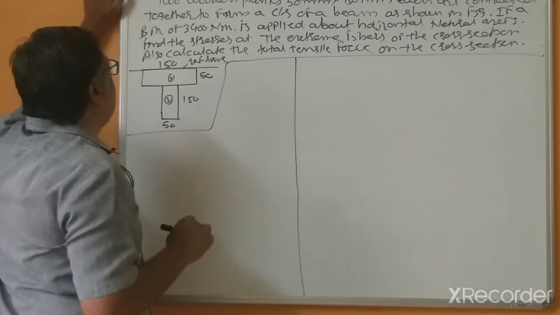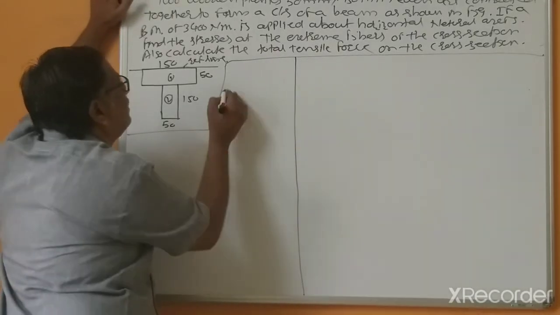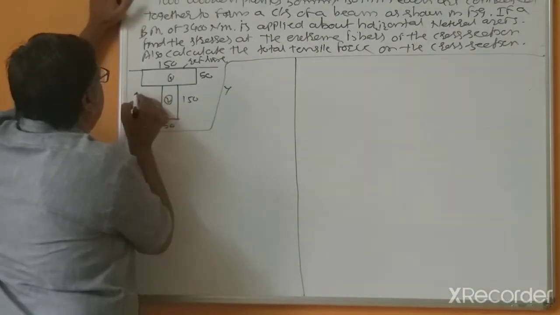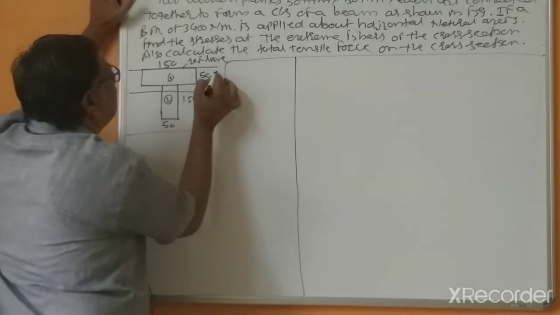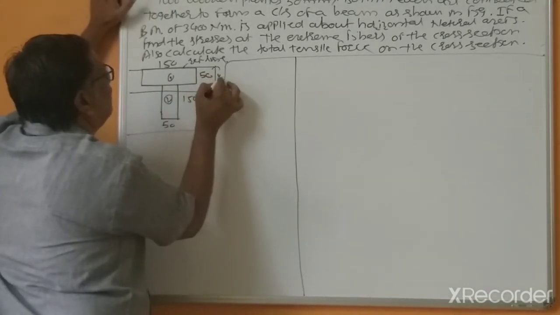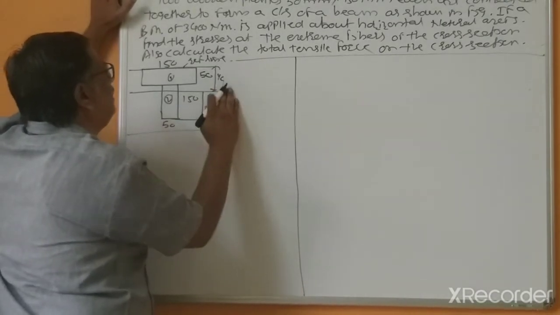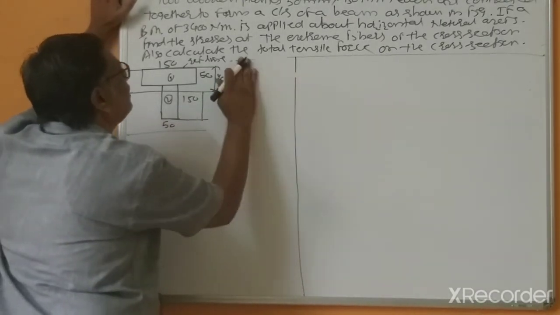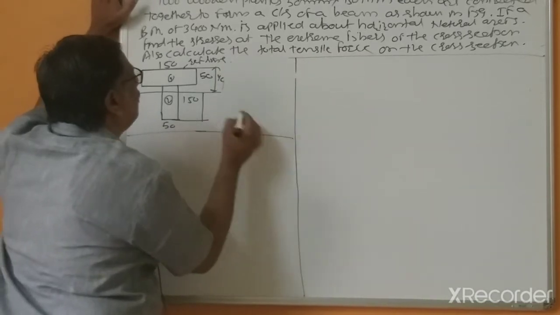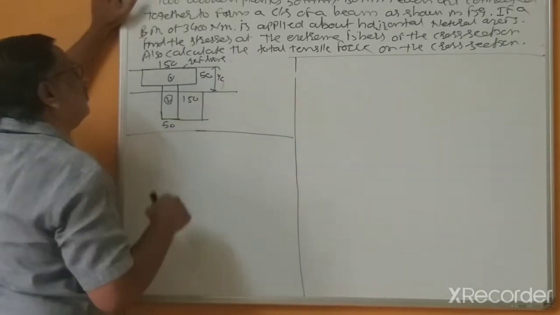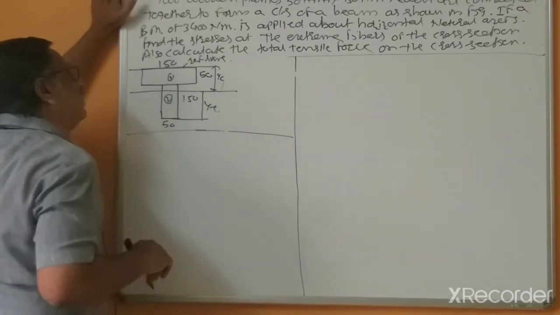So that's why we will calculate Y max. Suppose this is YC and this is YT. Otherwise we will keep this space because this is YT.